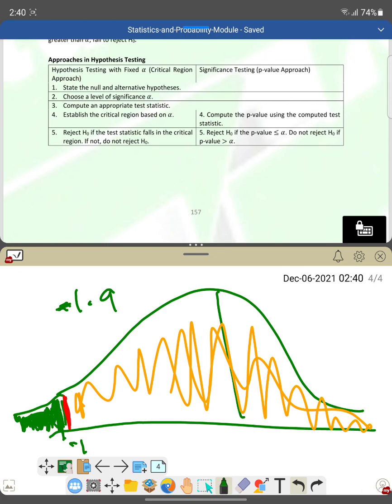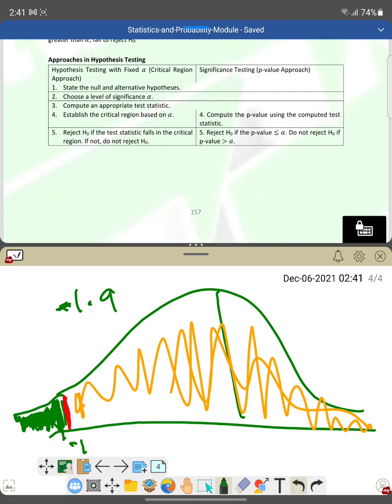Second is to choose a level of significance, your alpha. Your alpha is based on the given level of confidence. Take note, if you know the level of confidence, you know the alpha. But there are instances where the level of significance is already indicated.